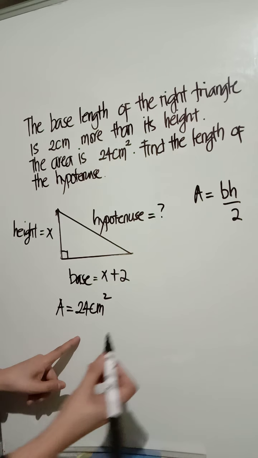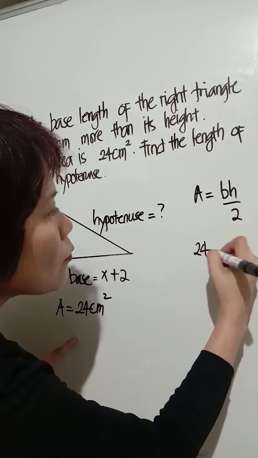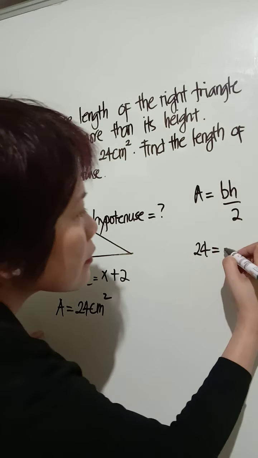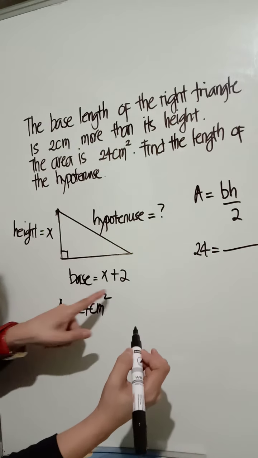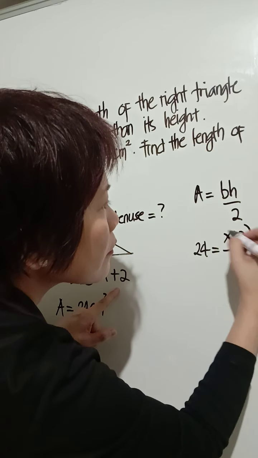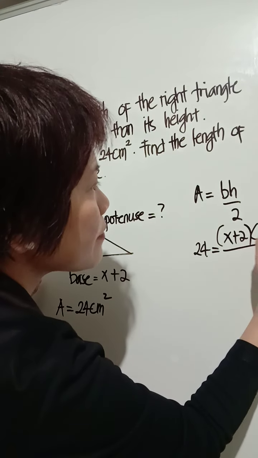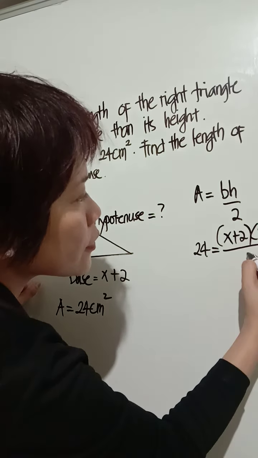The area is 24 equals, the base is x plus 2 and the height is x, times x divided by 2.